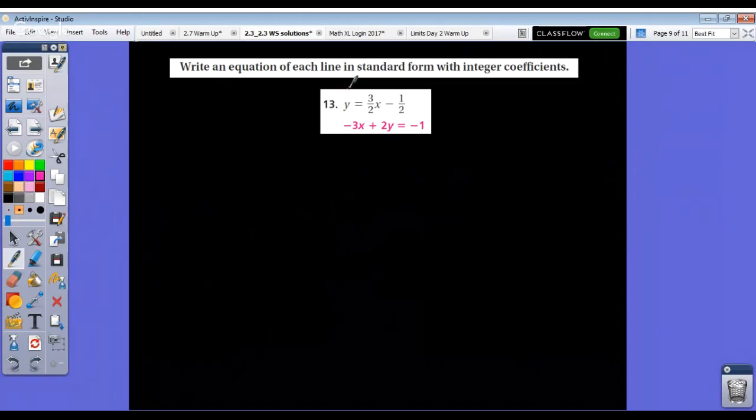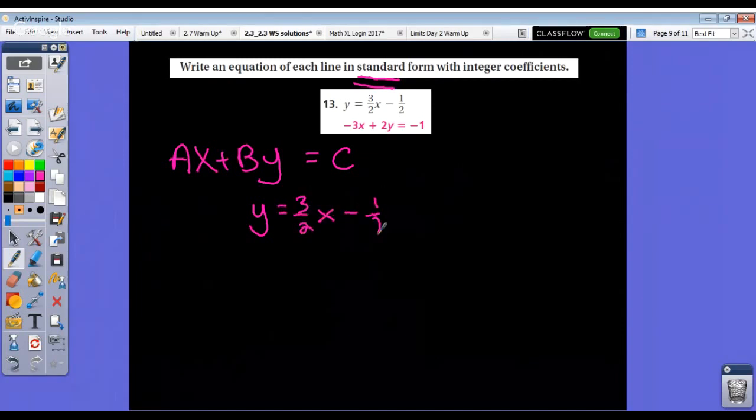Almost done. This says first standard form. Standard form was ax plus by equals c. That means I need to take my x's and my y's and put them on the same side. As it is, we have y equals 3/2 x minus 1/2. I need to move the 3/2 x to the other side.